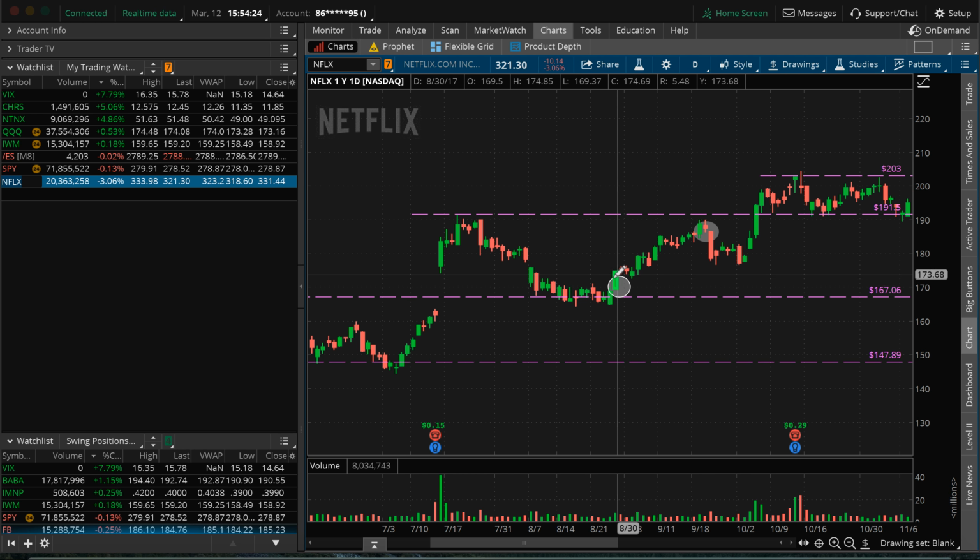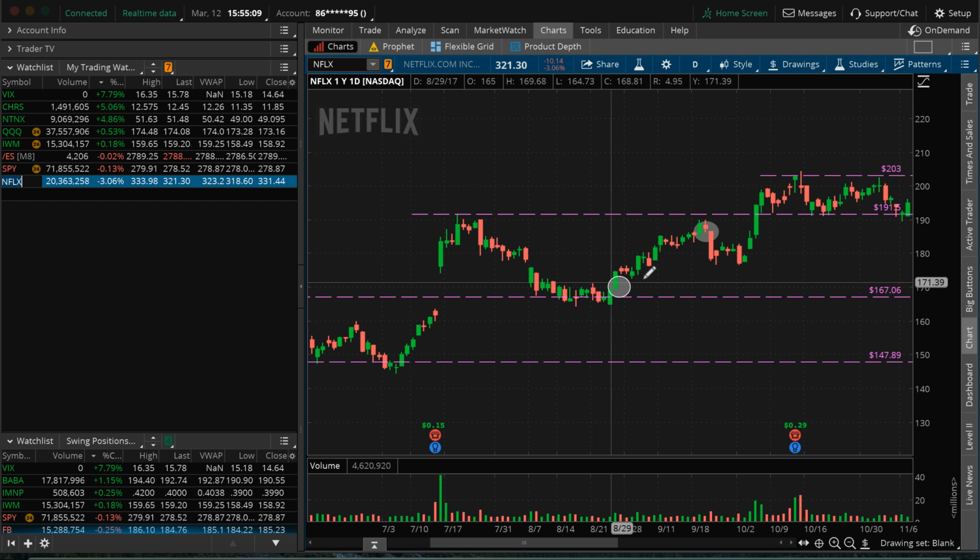Or actually, if you were to buy right here, 170, let's say 170, and then your stop is below 165, you're risking $5 to make $10. So if you bought at 170, of course your goal is to sell at 180, and that's a 2-to-1. If you want a 3-to-1, you want to sell at 185.